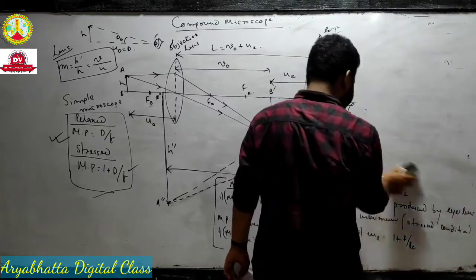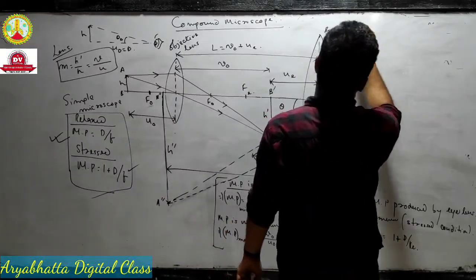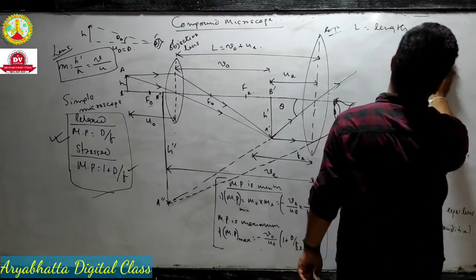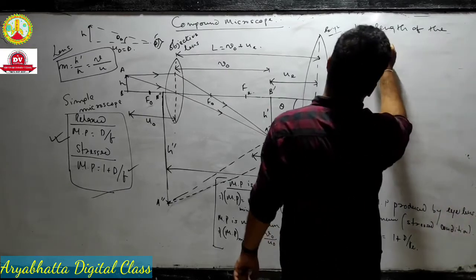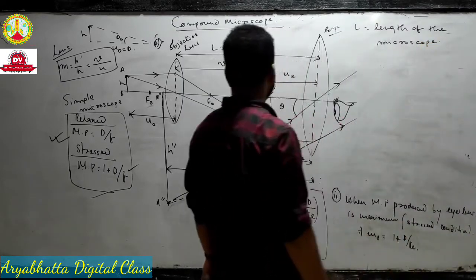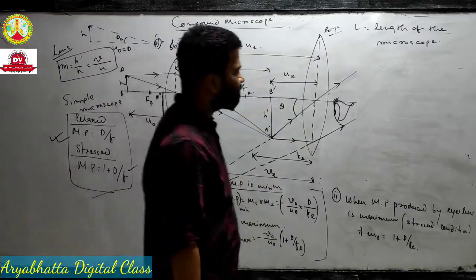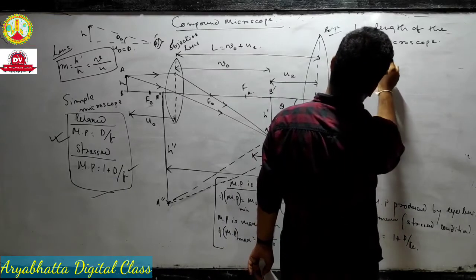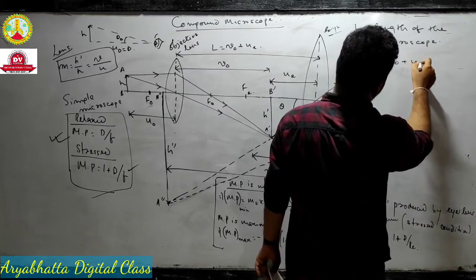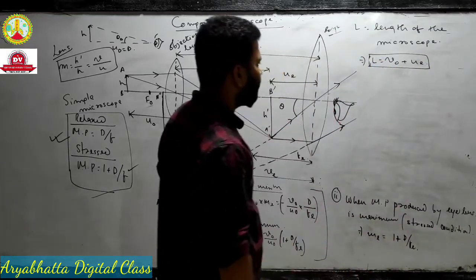You can write here that L is equal to the length of the microscope, and the length of the microscope is nothing but, from the diagram it is clear, v naught plus ue. L equals v naught plus ue.